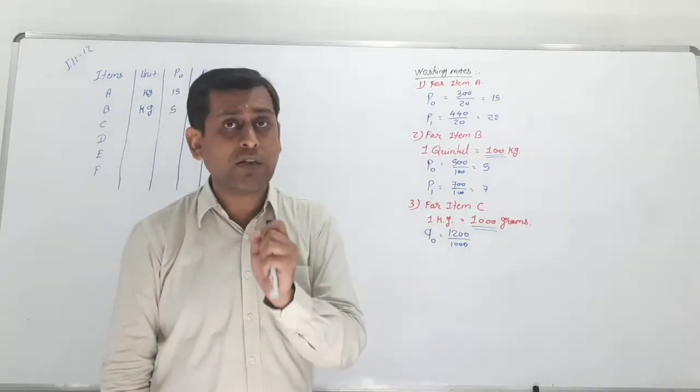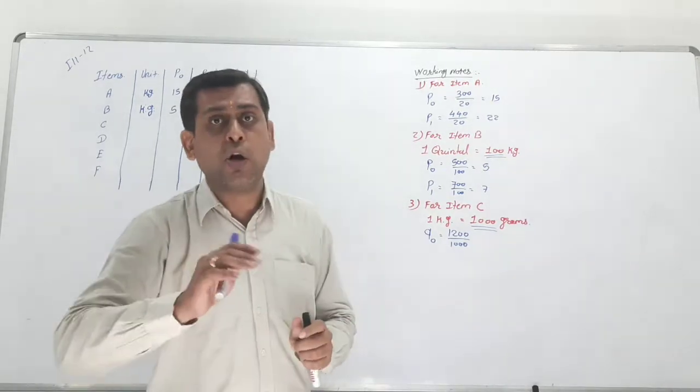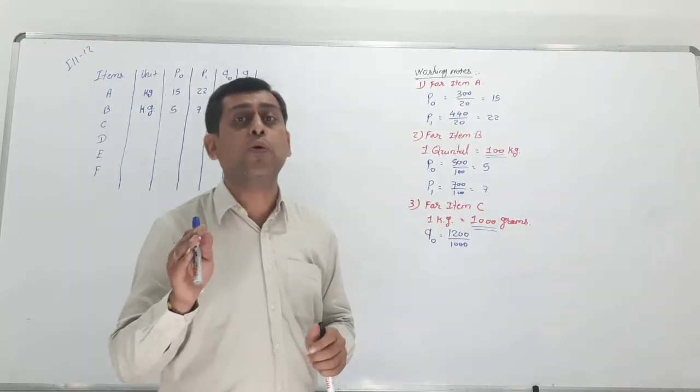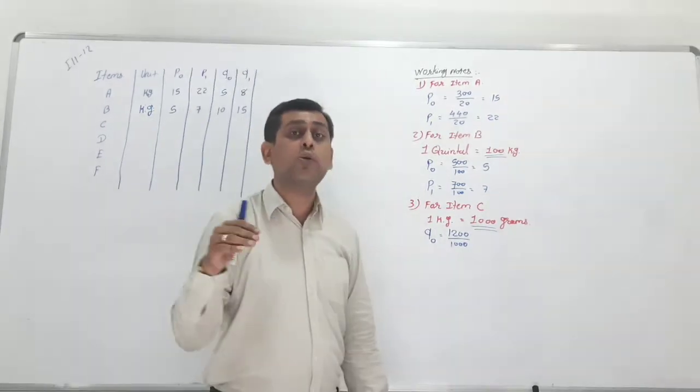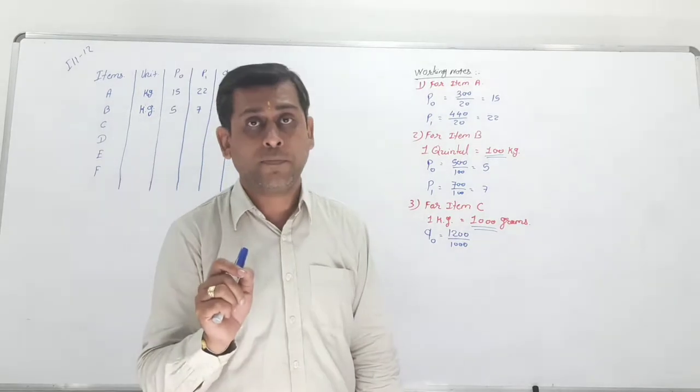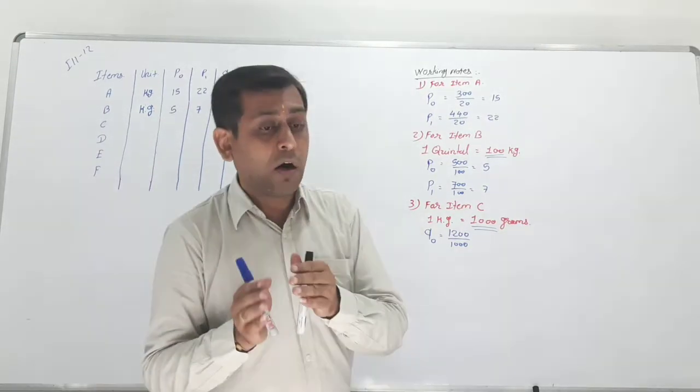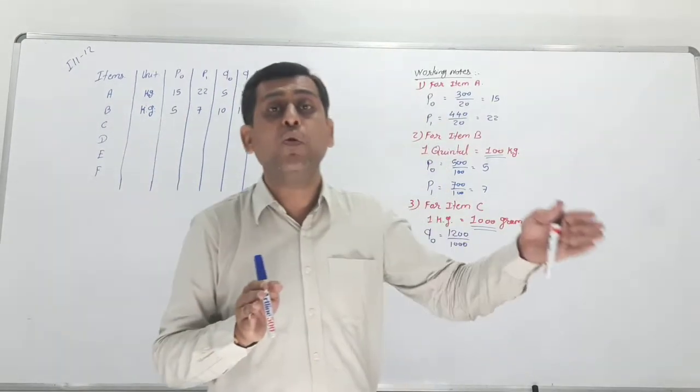If the answer is not in fraction, that means not 2 or more digits after the point, then it is okay. If after the point there are more than 2 digits, then it is not okay. Then we have to take the alternative way.